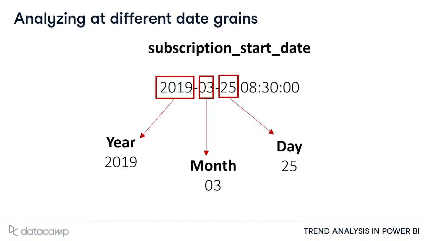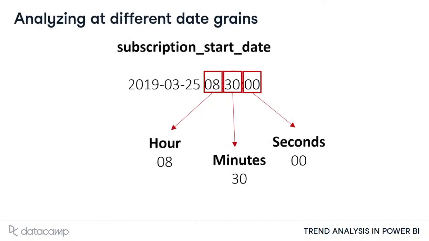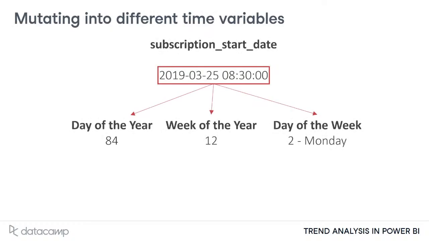For example, the time variable subscription start date can be analyzed by its year, month, or day. Likewise, the specific hour of the day, minutes, and seconds can be parsed out and analyzed. The creativity doesn't stop there. The date can be further decomposed into the day of the year, week of the year, day of the week, and so on.